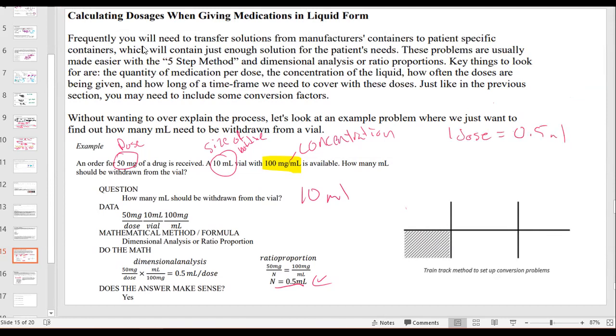That's my ratio. I want to know how many doses there are in 10 mLs. What can I do to cancel the 10 mLs using this ratio? Where should I put the 0.5 mLs? Yes, on the bottom, and 1 dose on top. So the mLs will cancel, and the only thing left over is my dose. So 10 divided by 0.5.